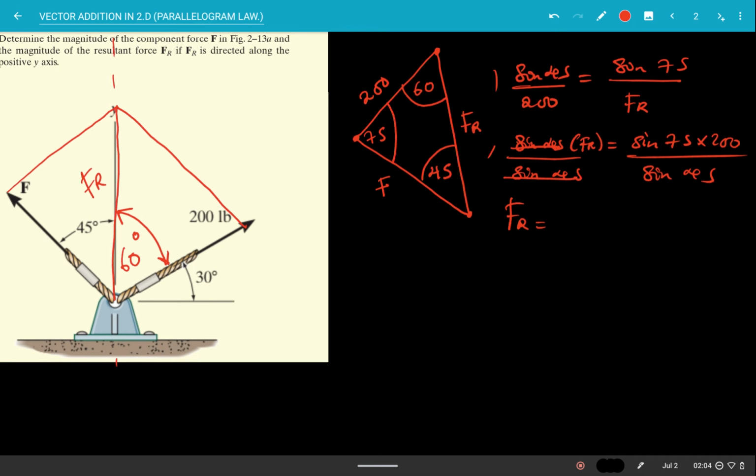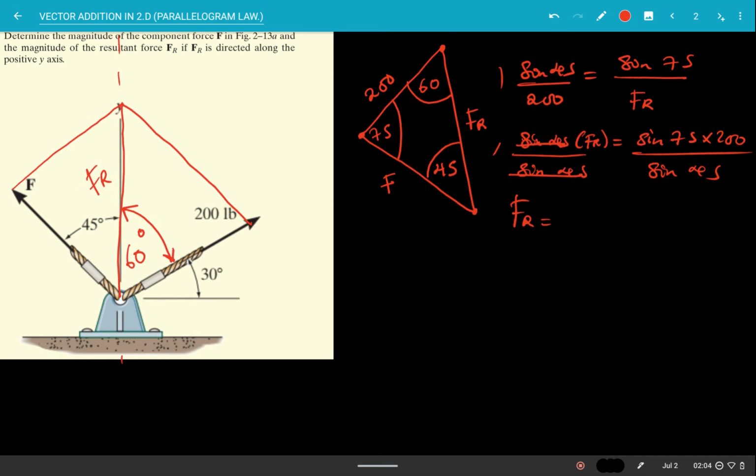That will simply give you 273.2050808. Since I'll be keeping my answers correct to one decimal place, I'll say therefore FR is equal to 273.2, and the next digit is 5.